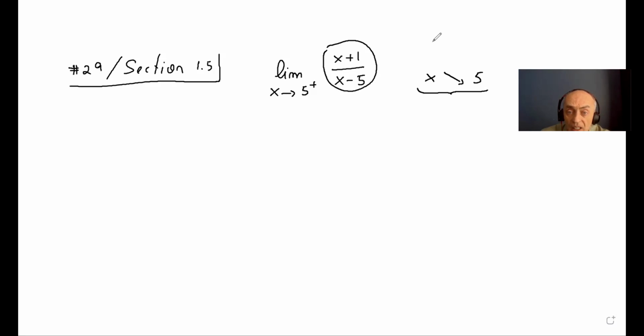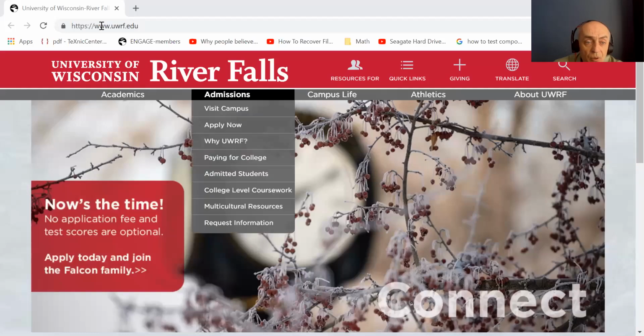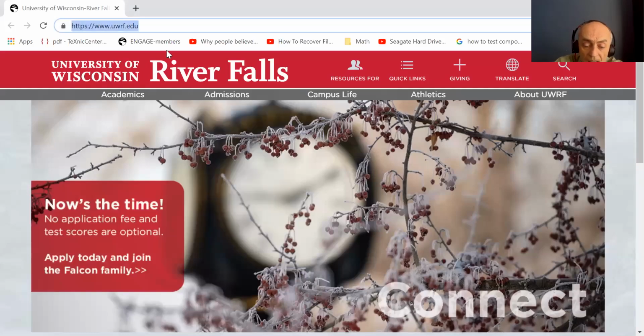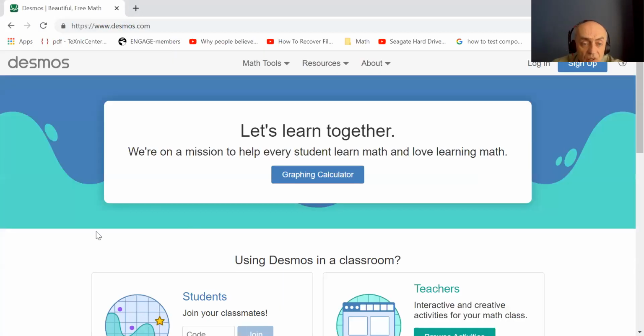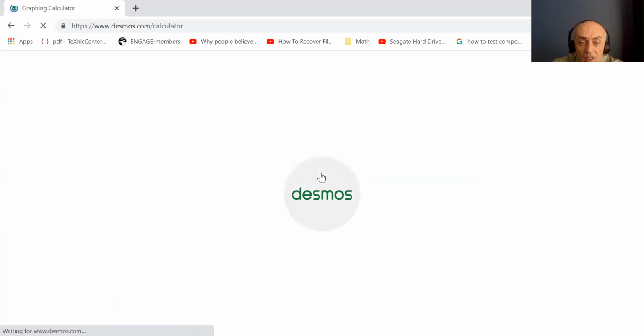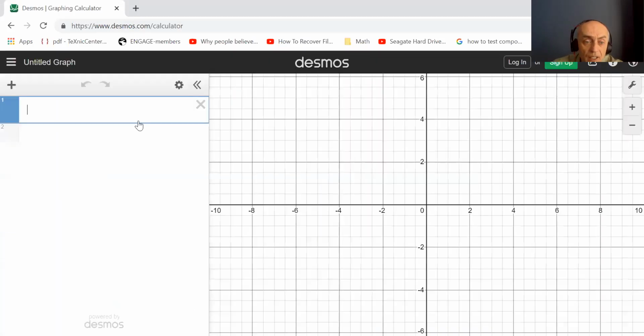I'm going to stop sharing this screen and share a new screen where I'm going to show you Desmos. Desmos is not pulled up here, it's our school's webpage, so we're going to go to desmos.com. There's Desmos, and I'm going to pull up the graphing calculator.